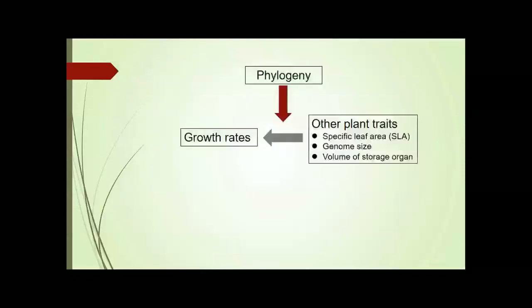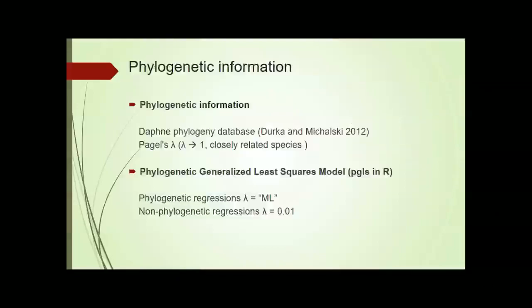The second question is whether there's phylogenetic conservatism here. First of all, we got the phylogenetic information from the Daphne phylogenetic database. From there, we used lambda as the phylogenetic signal.